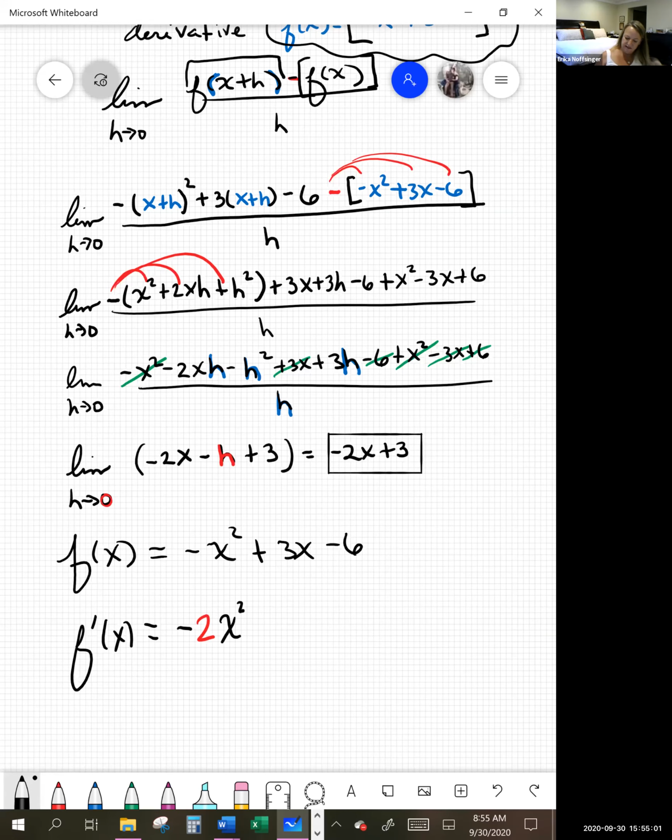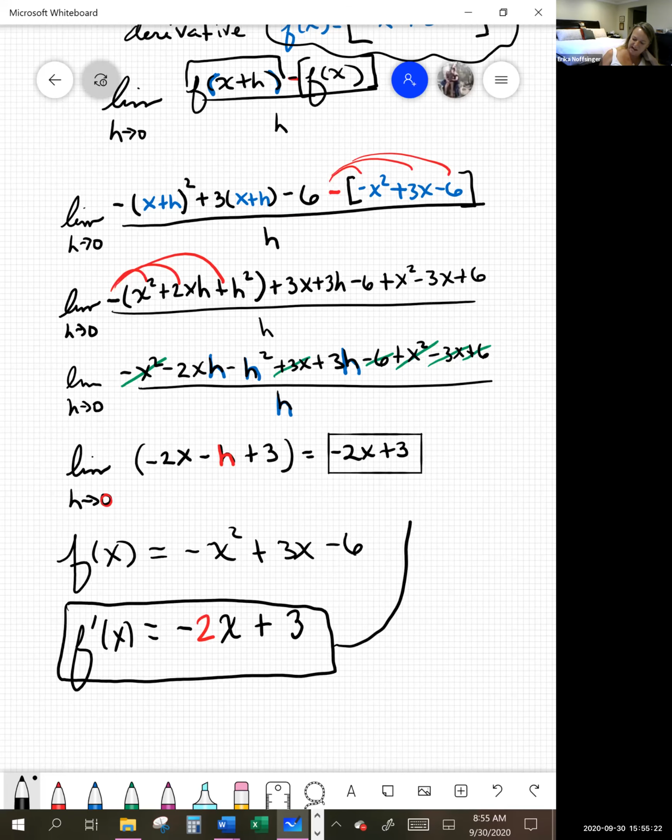We get 2 minus 1 is 1. Plus, bring our power down front of 1, that's just 3. The derivative of x is 1, and the derivative of negative 6 is 0. Which is the same thing we got here. We just had to use the formal definition.